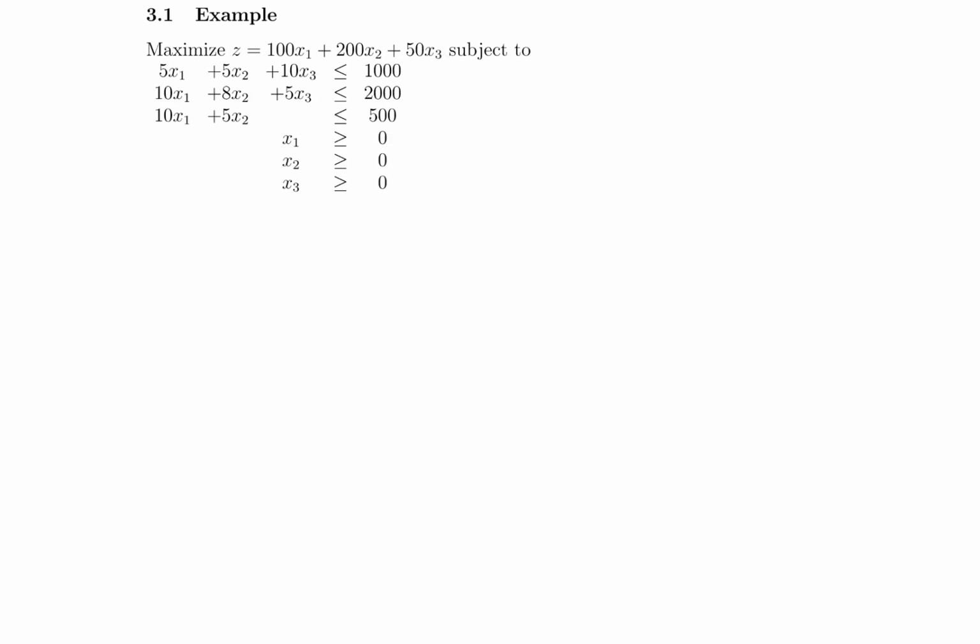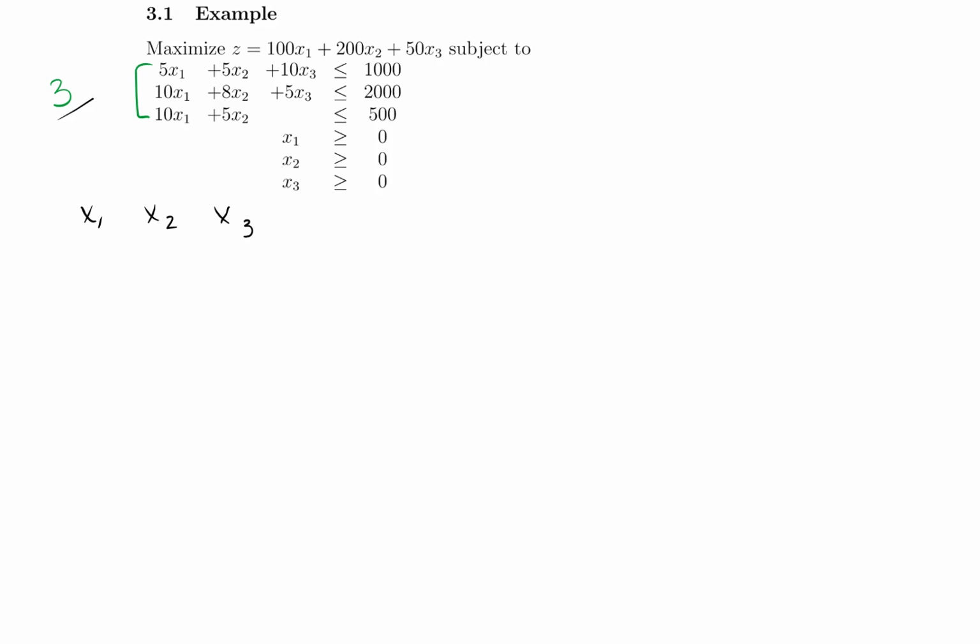So we've been given the following problem, and we want to first set up the simplex tableau. So a couple things to note. We have 3 constraints, and so this means that we're going to have 3 slack variables. So I'm going to start by labeling the columns of my tableau. I'm going to have an x1, x2, x3, because we have x1, x2, and x3 variables.